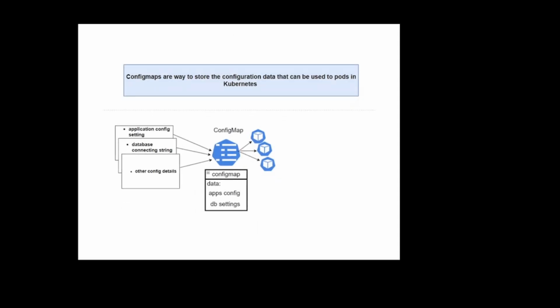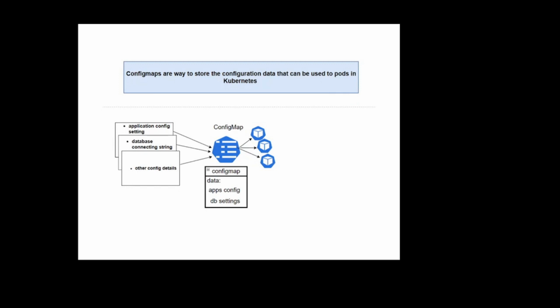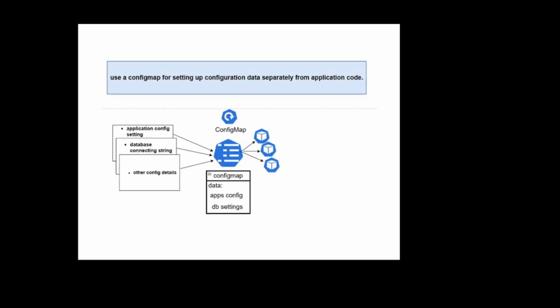So what are config maps? Config maps are a way to store configuration data so that it can be accessed by pods in Kubernetes, right? So use the config map for setting your configuration data separately from application code.